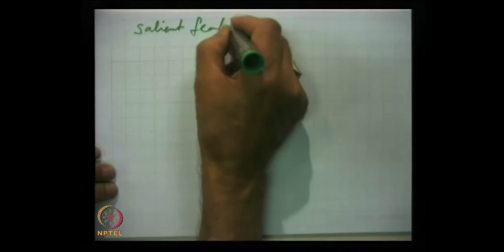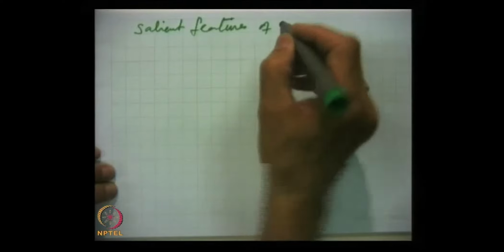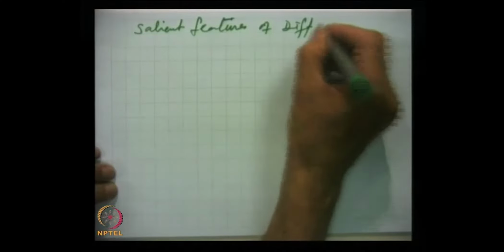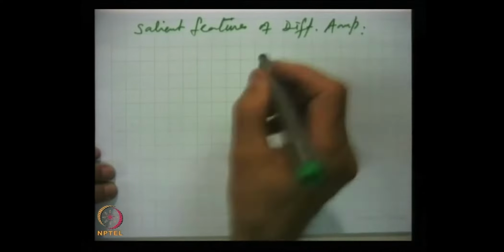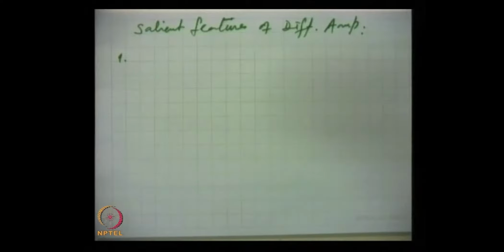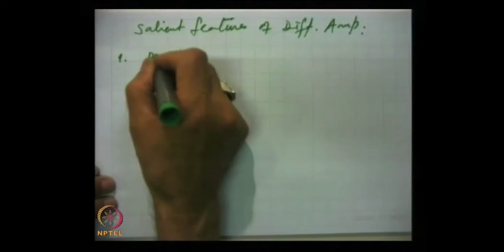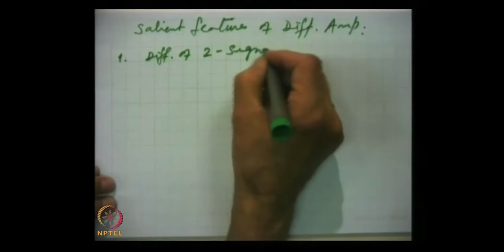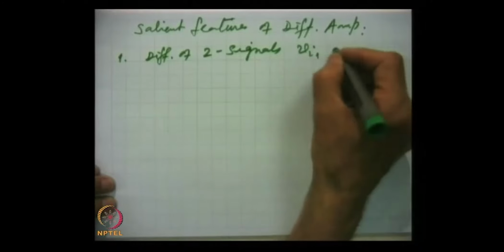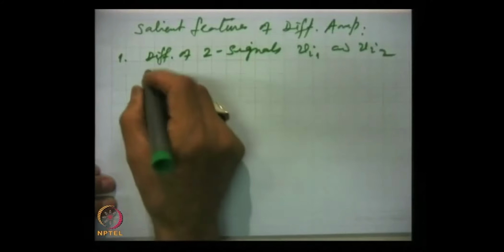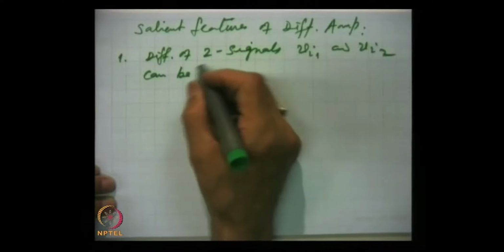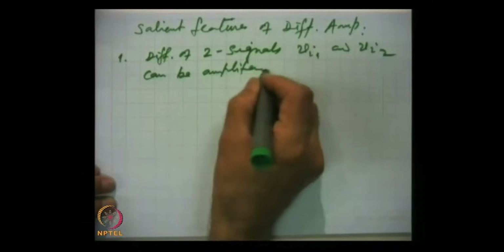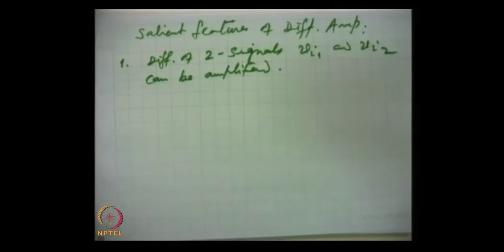Now, the salient features of the differential amplifier are, as I said, the difference of two signals Vi1 and Vi2 can be amplified. So, we can use it as a difference amplifier.